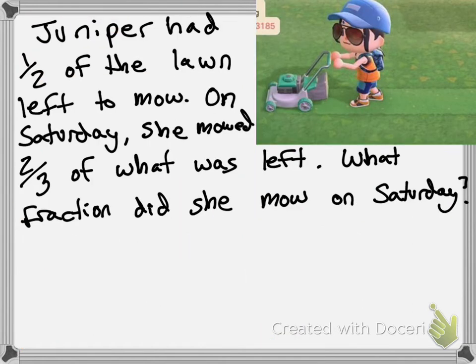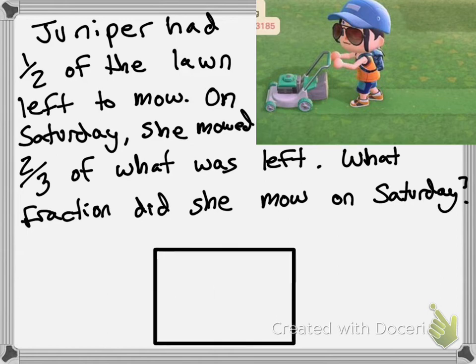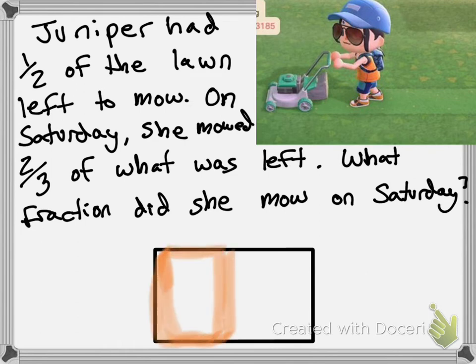So let's look at this one. Juniper had half of the lawn left to mow. On Saturday, she mowed 2/3 of what was left. What fraction did she mow on Saturday? So to put this into perspective, here is the lawn. She already mowed half of it, so then she only has half left to mow. Then she ended up mowing 2/3 of that lawn.